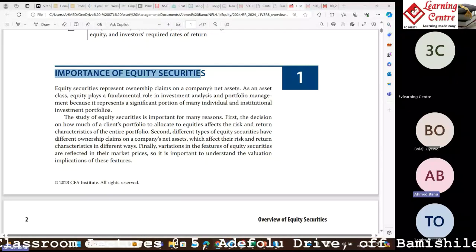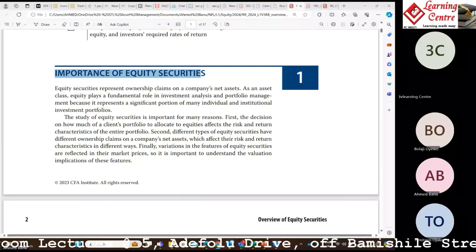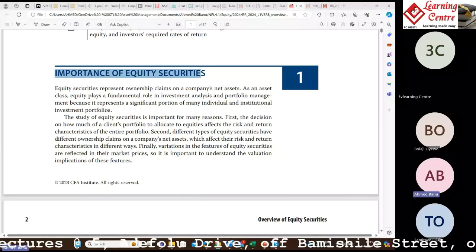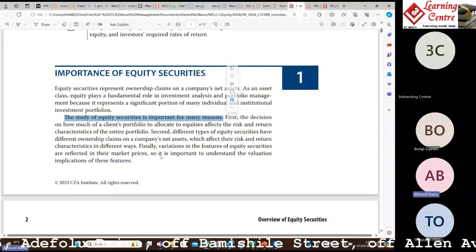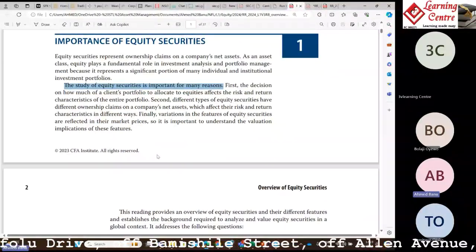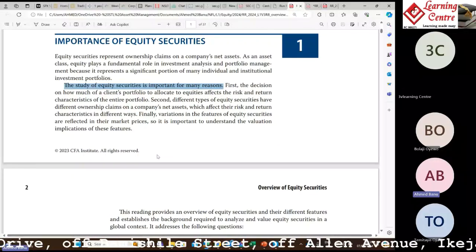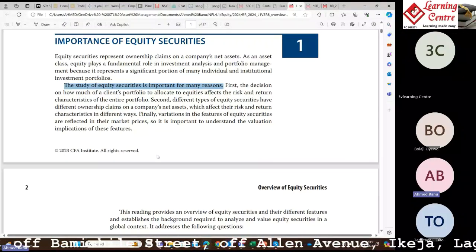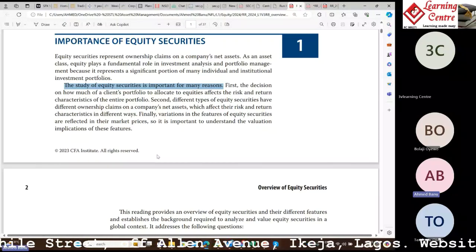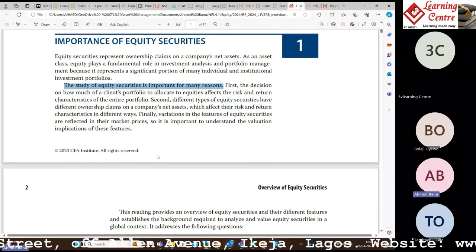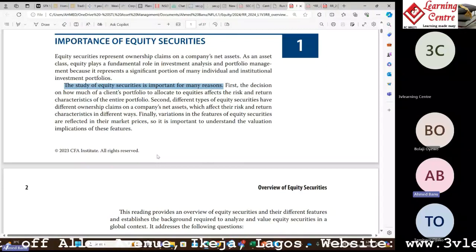So why the study of equity? Why are we trying to understand equity investment or equity securities? First, the decision on how much of a client's portfolio should be allocated to equities affects the risk and return characteristics of the portfolio. What do they mean by that?